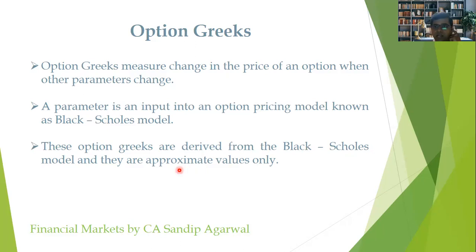So in the live market, if somebody wants to check whether the price of an option is changing according to the change in the option Greeks or not, you will not get the exact values because these are only approximate values. It will give you a fair and rough idea of how the option price is going to change on account of the change in the various option Greeks.